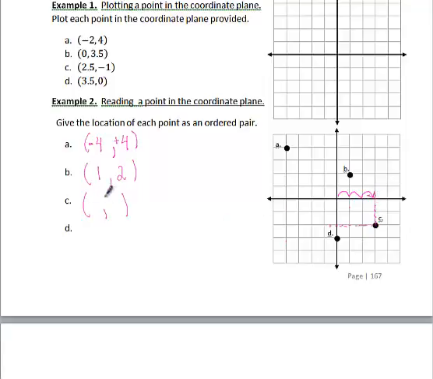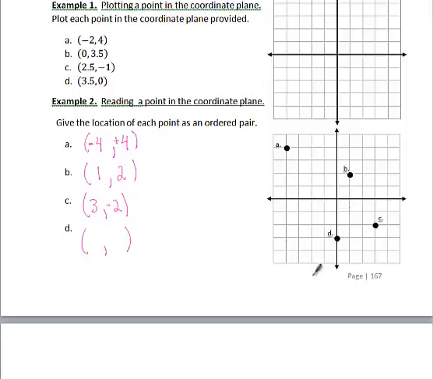And so this is x equals 3. And then to get to the y-coordinate, we go down from the origin 2 units. And so for the y-coordinate, we would write -2. That takes care of C.